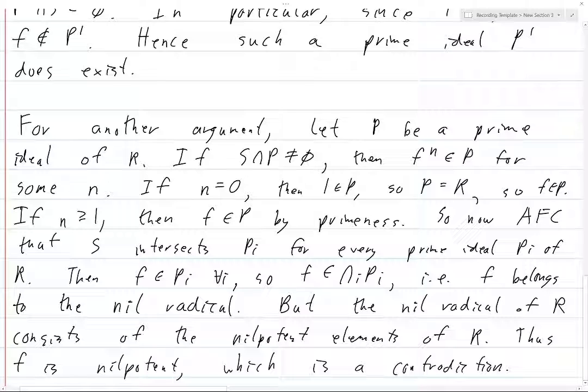And so we have a contradiction from assuming that S intersects every prime ideal of R. Because that leads to a contradiction, we know that there must be some prime ideal of R which does not intersect S. And let's see here.